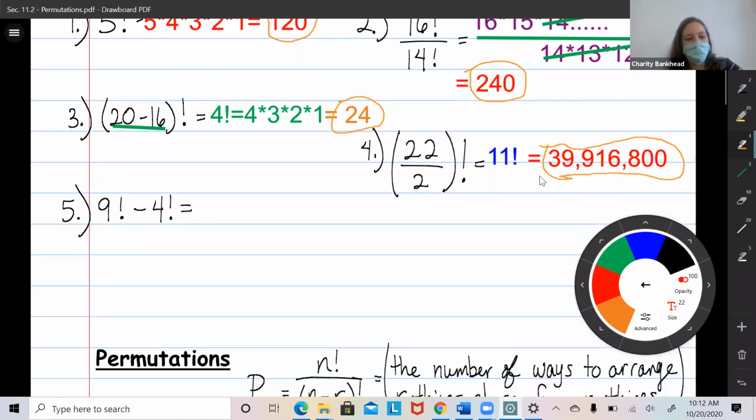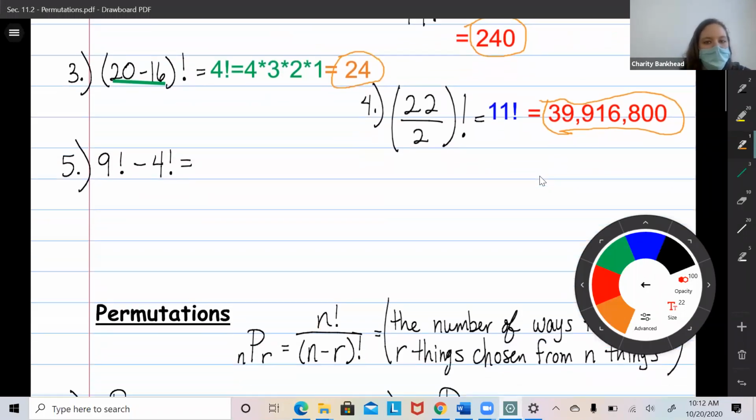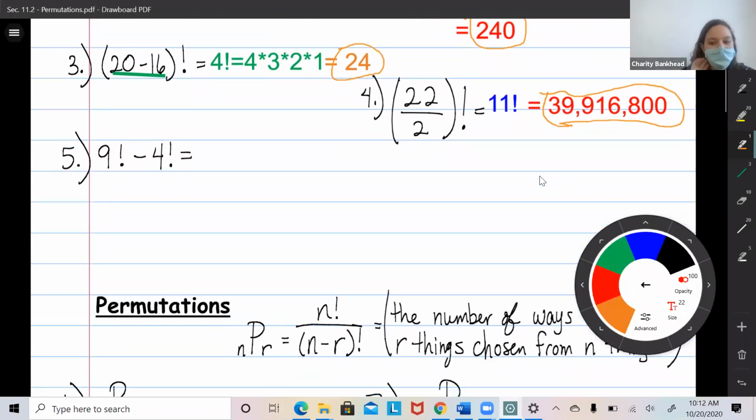All right, so for number 5, you want to do 9 factorial minus 4 factorial. So I would just type that into my calculator.